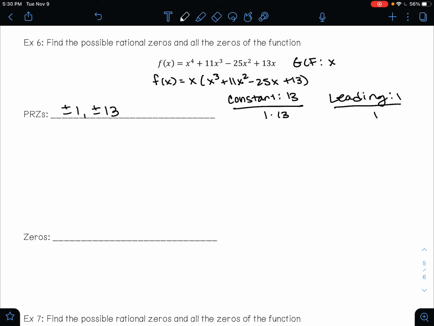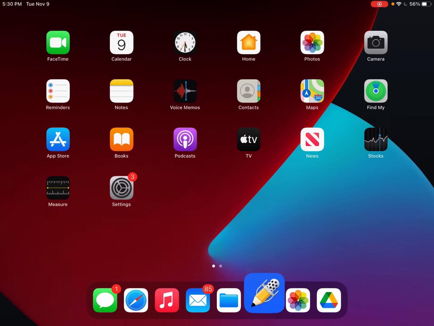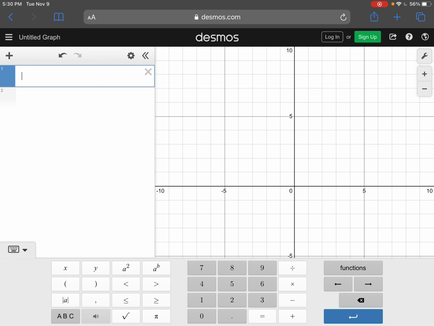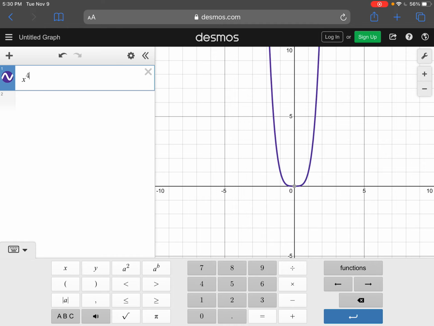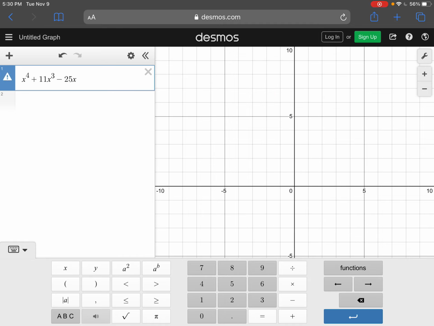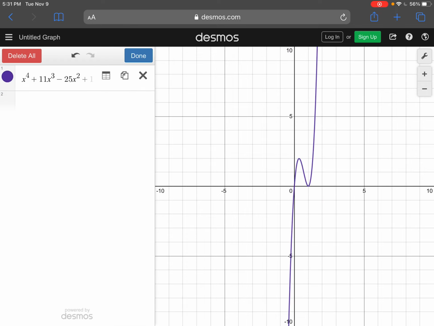Let's go ahead and go to Desmos and see which of these are actually zeros. So if I go to Desmos, I'm going to go ahead and close that out. And I'm going to have x to the 4th plus 11x cubed minus 25x squared plus 13x. And when I go to my table, I'm going to type in my zeros.